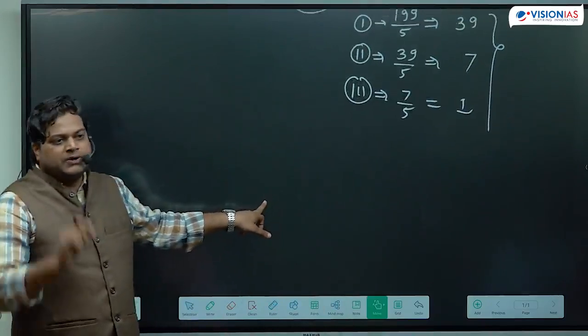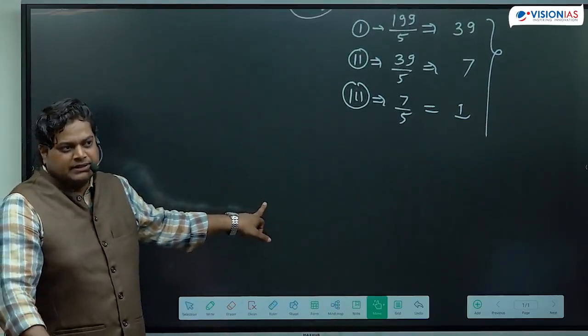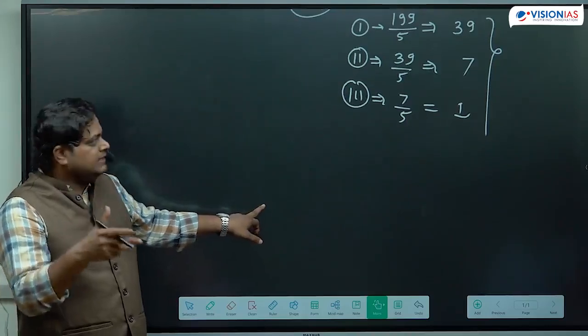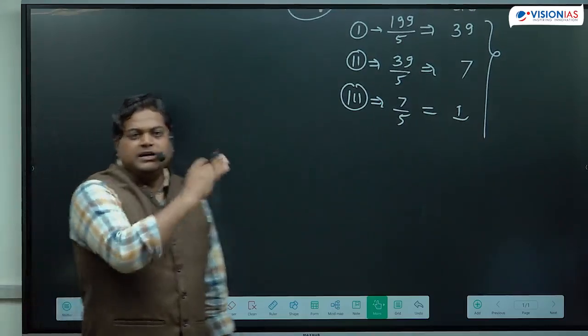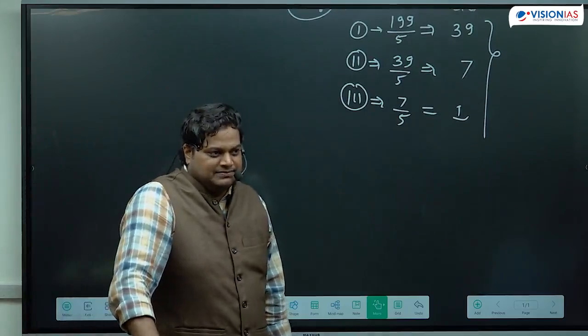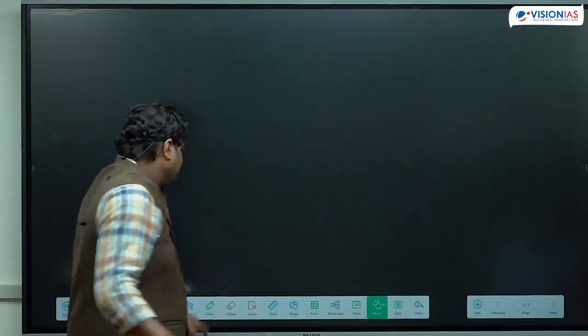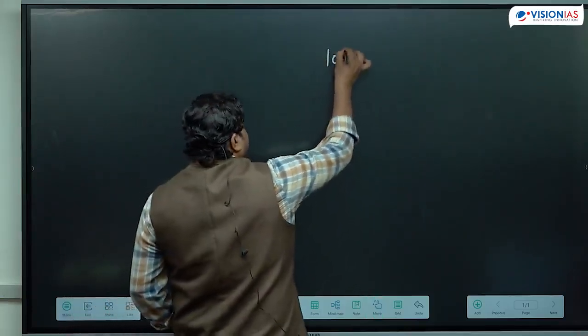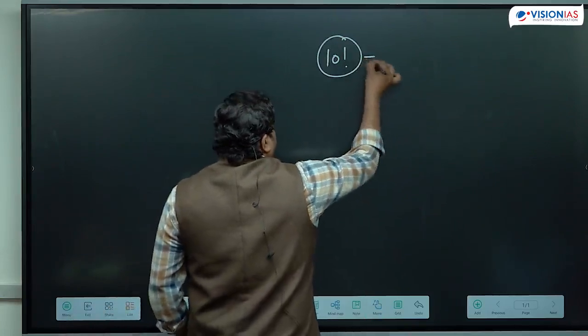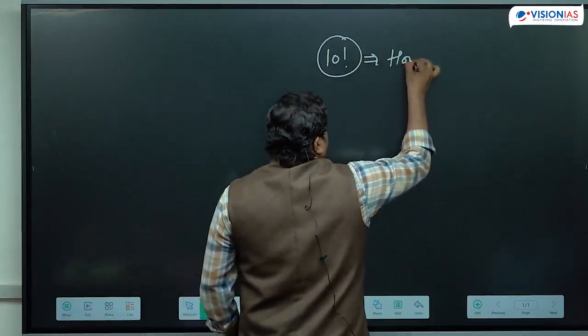So we know how to calculate number of 5s. But UPSC can ask कि मुझे निकाल के दिखाओ how many times 2s are coming. This way also it can be asked. Like 10 factorial is there. 10 factorial में how many 2s are there?